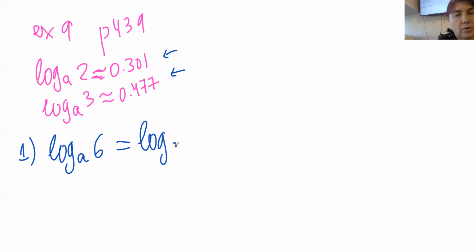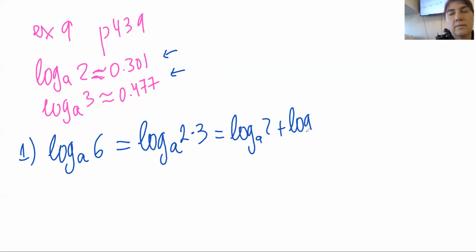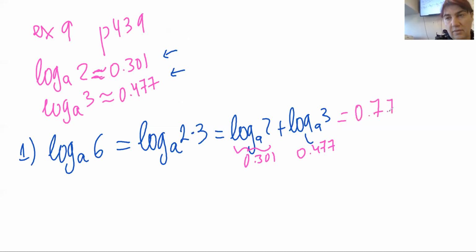You're going to write 6 as 2 times 3, then you're going to split it. And then instead of logarithm a of 2 or logarithm a of 3, you're going to write what they equal, which is 0.301 and 0.477. And when you add them, you're going to get 0.778.